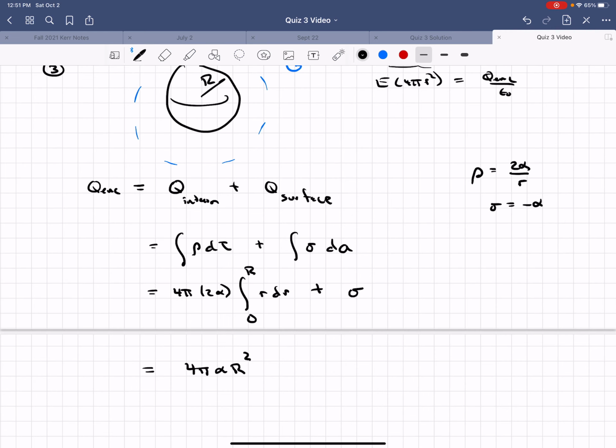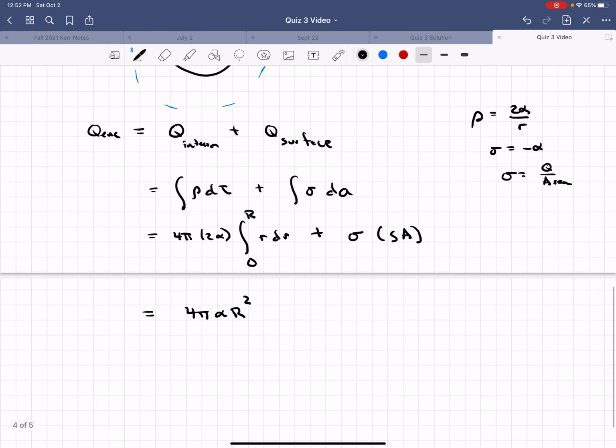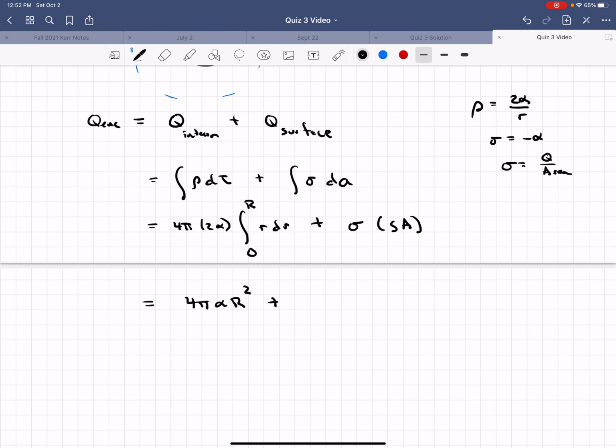Now for the surface charge density, I have a constant surface charge density. Then the charge is equal to the surface charge density times the surface area, because sigma is Q over area, and if sigma is constant, I simply multiply the sigma value by the surface area.